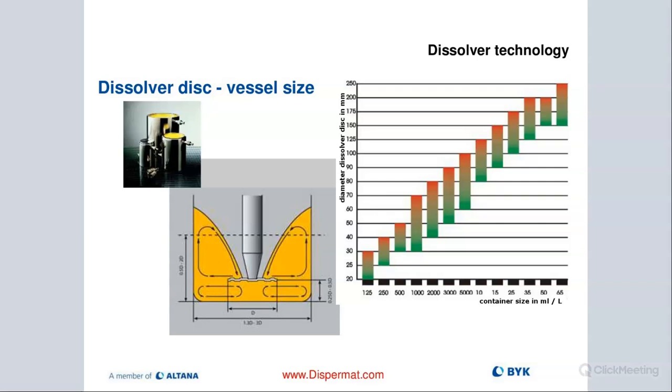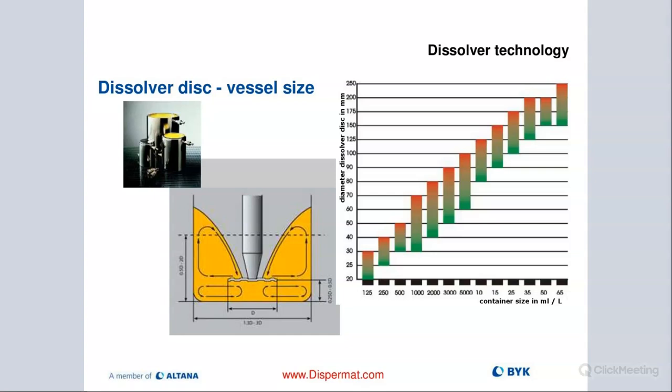So for example, if you take a 1 liter container, 1000 milliliters, it's the fourth one to the left. For example, our optimum dispersion blade diameter would be 50 millimeters. It's kind of in the middle. So as the viscosity of my material increases, I can also increase my blade diameter. And with low viscosities, I can reduce my blade diameter.